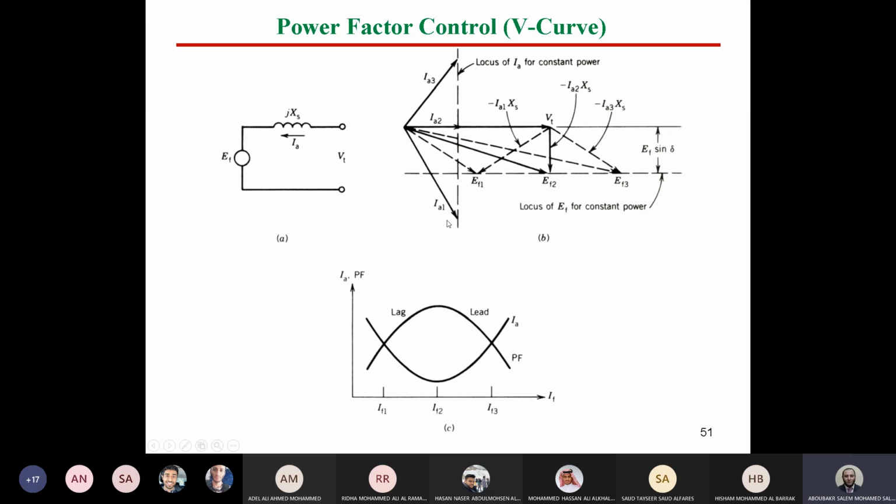And for a small value of excitation, you will find IA is lagging. So the target for any motor operated in a factory is to make the power factor leading, not lagging, in order to get better performance in terms of overall power factor in the factory.